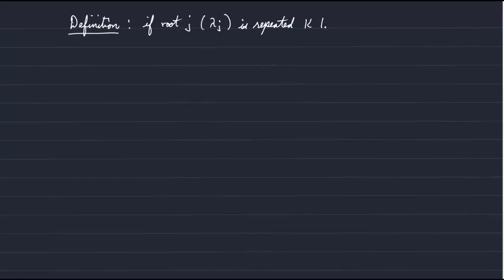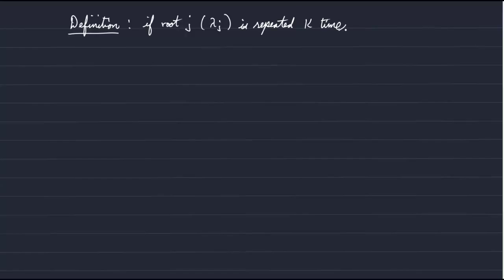So let's go back and talk about what to do for the more general case. First, let me give you a definition here. If root number j, that is lambda j, is found to be a repeated root, and it's repeated k times.